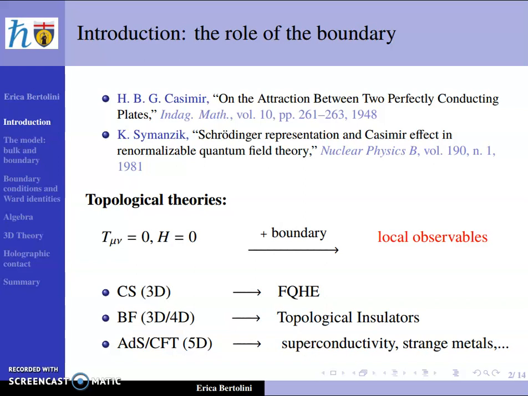A similar case is the BF theories in 3 and 4 dimensions, for which the physical content regards topological insulators. In a completely different context, the AdS/CFT correspondence is now giving interesting results in the field of condensed matter theory, specifically for superconductivity and strange metals.